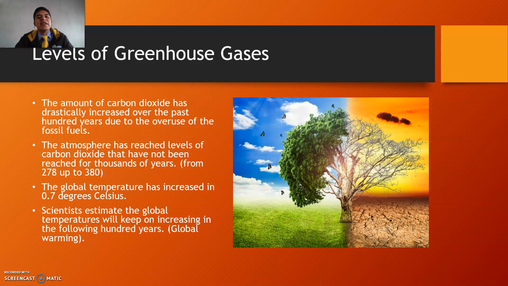Something that we really need to consider about the future is how to regulate and try to conserve the amount of the gases that are going to be part of the greenhouse effect. And scientists estimate the global temperatures will keep on increasing in the following 100 years. And all of this phenomenon is known as global warming, the increase in temperatures on our planet due to human activities.